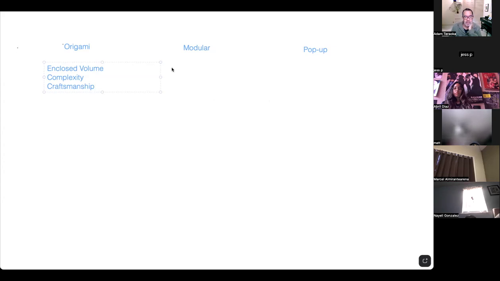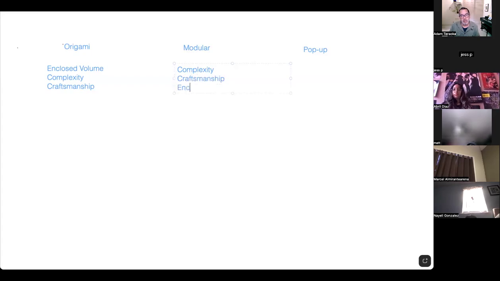When I look at the modular, I look at complexity first. Then I look at craftsmanship.